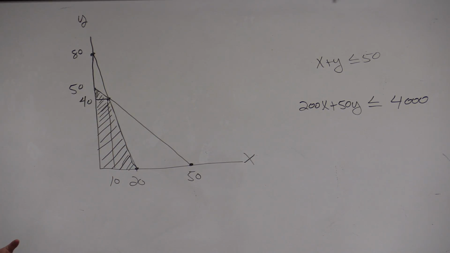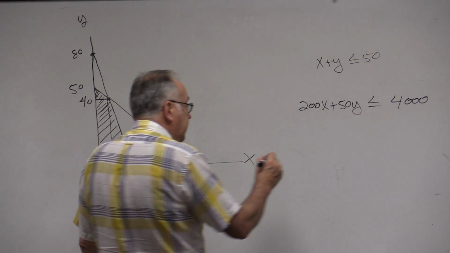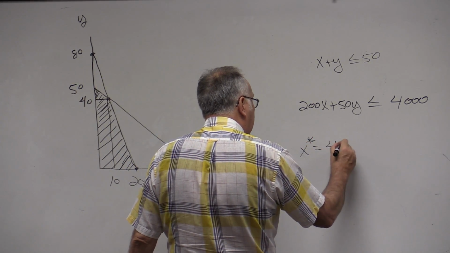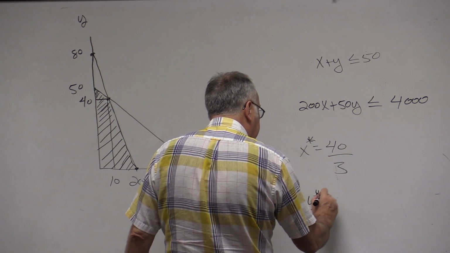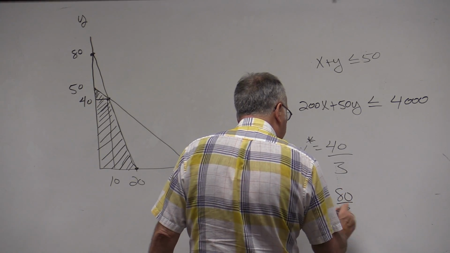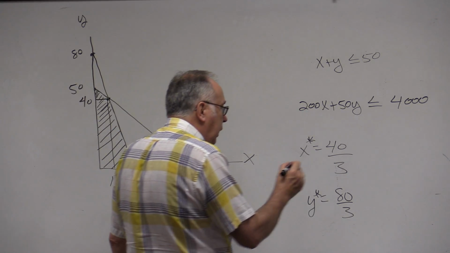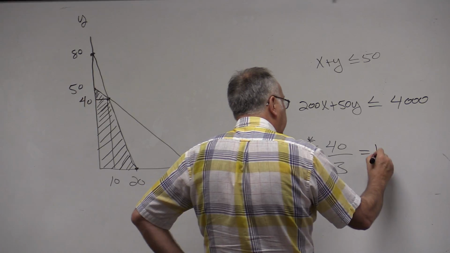We want to reach the highest indifference curve. And at the highest indifference curve, we solve for x and y. What do we get for x? We got x star is 40 over 3. We got y star that satisfies the Kuhn-Tucker conditions is 80 over 3. And 40 over 3 would be what? 13 and 1/3.